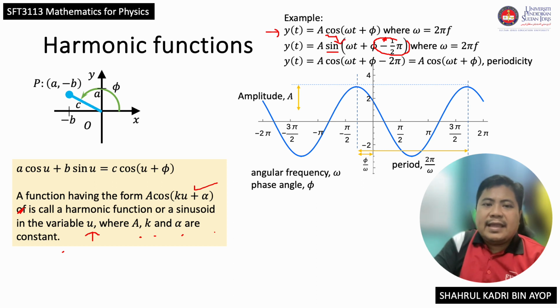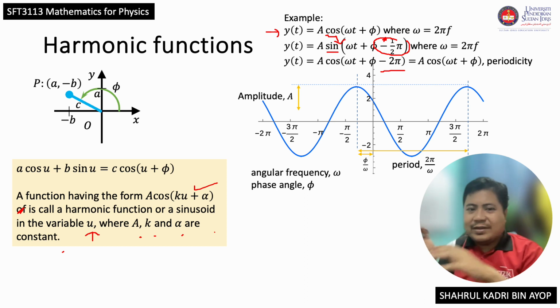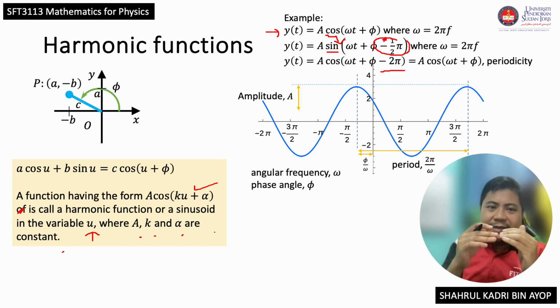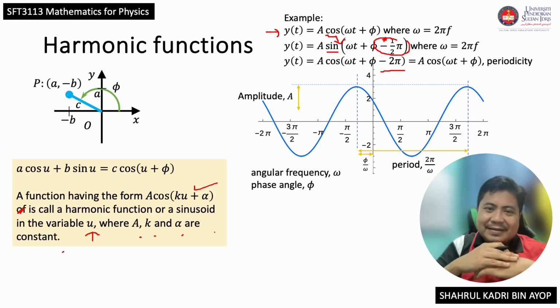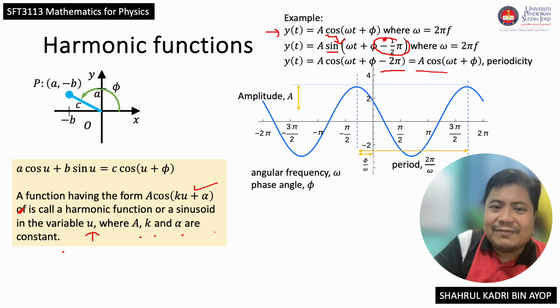And then if we shift by 2 pi, either to the right or to the left, the function will overlap itself. That means it will meet itself again, so it is just equal to itself.